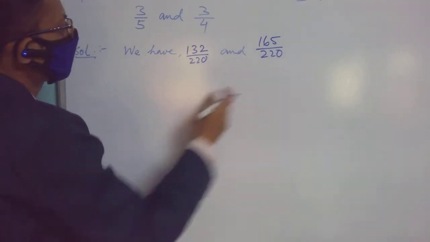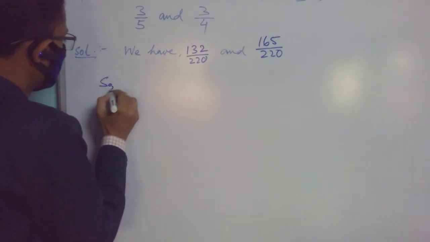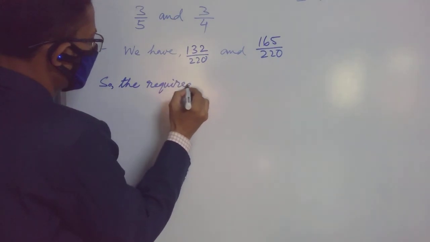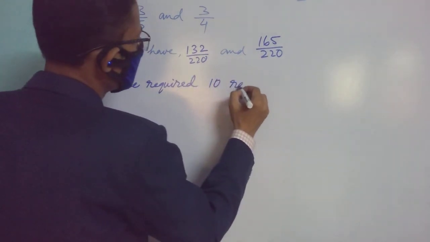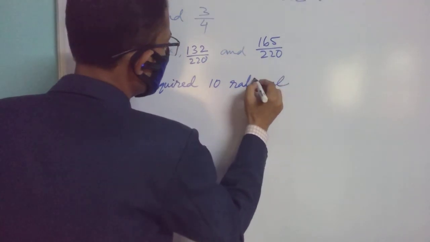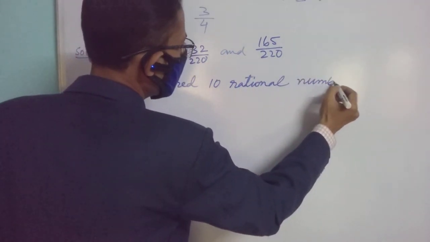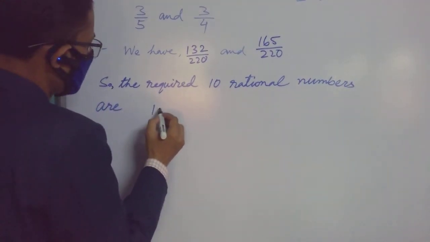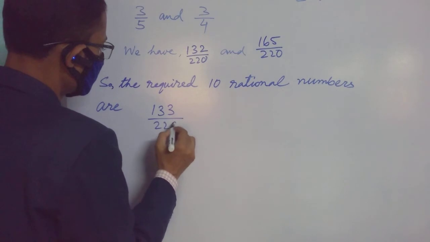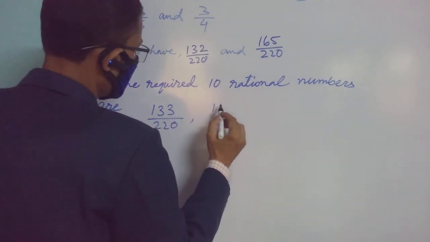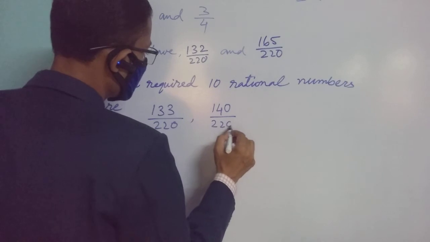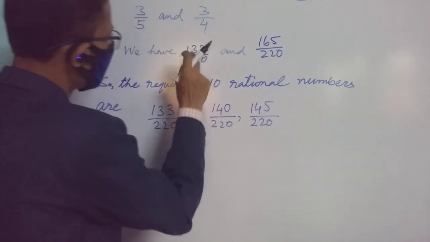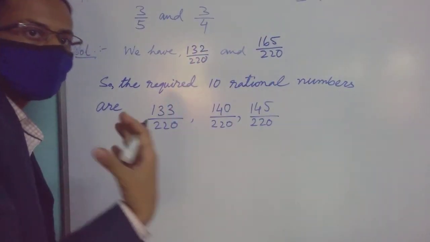So we have this. So the required 10 rational numbers are 133 by 220, 140 by 220, 148 by 220, and so on. I am choosing any random numbers between 132 and 165.